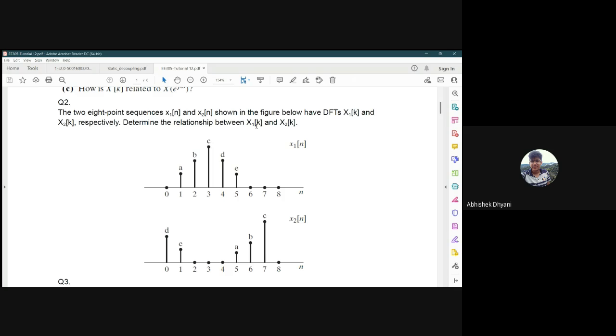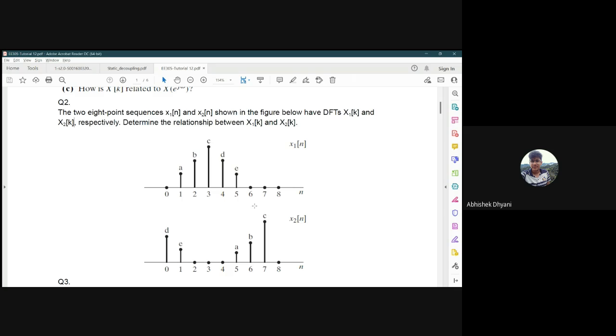So remember, to approach such kind of questions, the best way is to first find out the relationship between x1n and x2n. So if you notice here, we have 8 points. This is A, B, C, D, E. These are the values of the magnitudes. And if you look at the second one, this is A, B, C, which is these three, and then D, E, which is here.